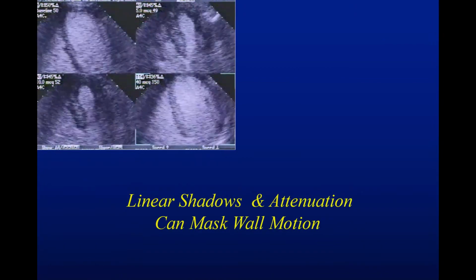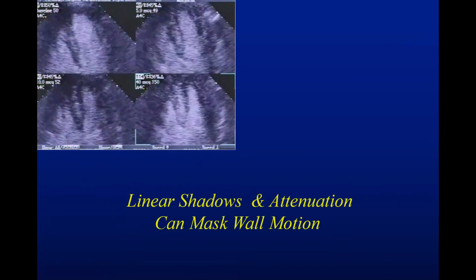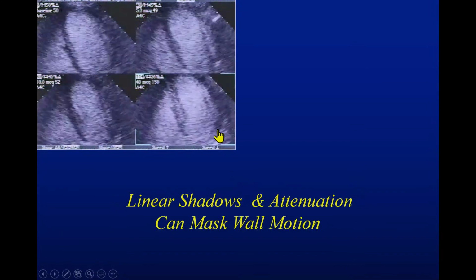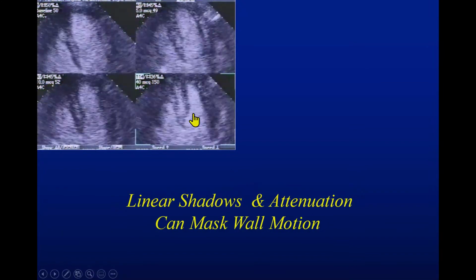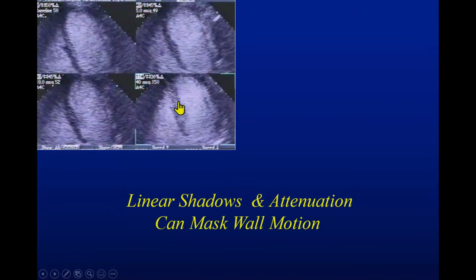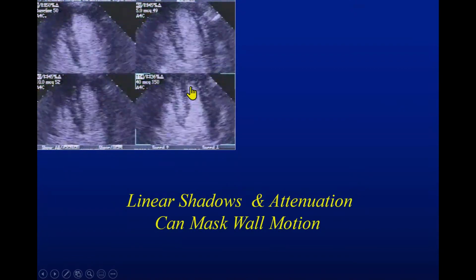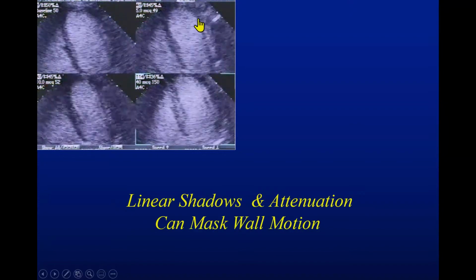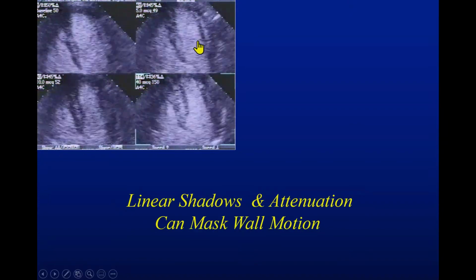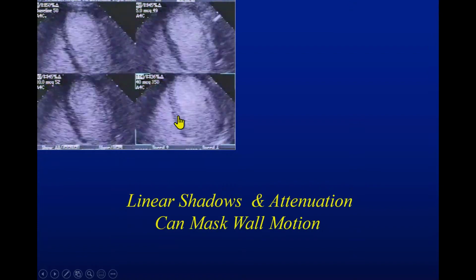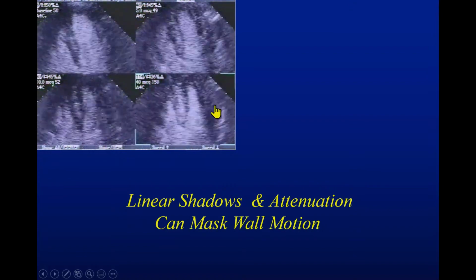Now a few things are important when you use ultrasound enhancing agents. One is that you have to be careful with contrast. Yes, it improves our diagnostic accuracy and our ways to see things, but whenever you start seeing linear structures, this linear blackness, if you will, attenuation, be careful, because then it starts hiding the endocardium behind it.